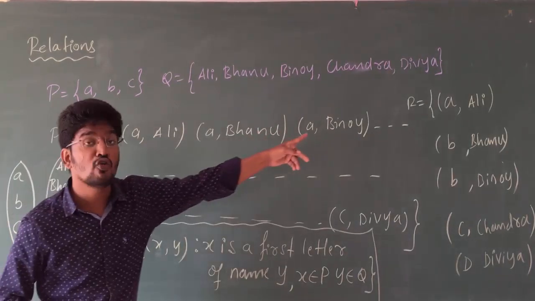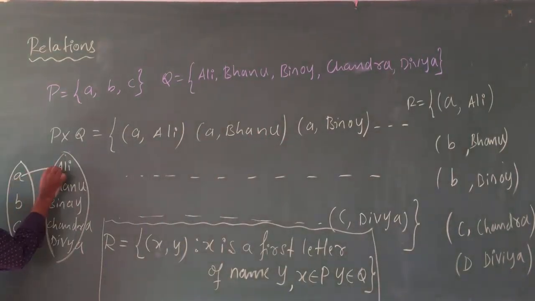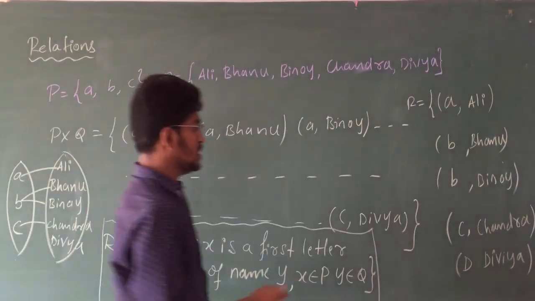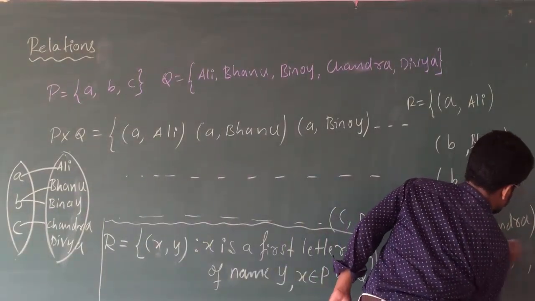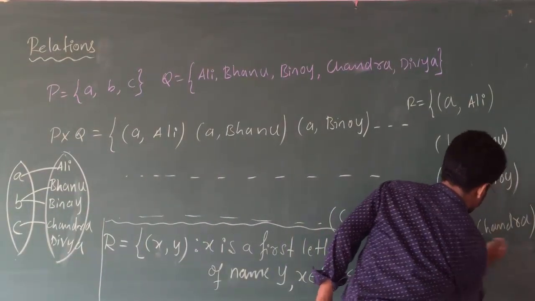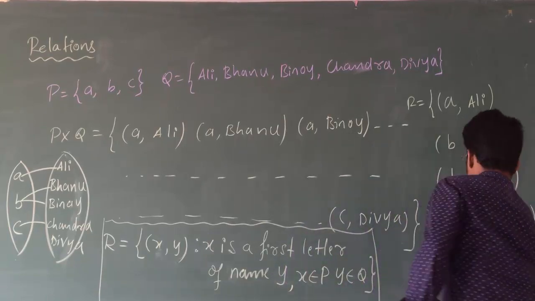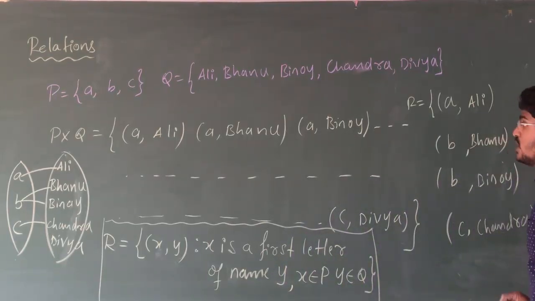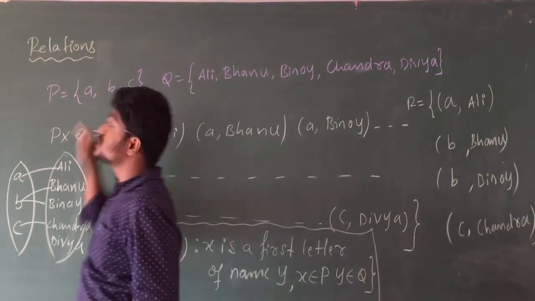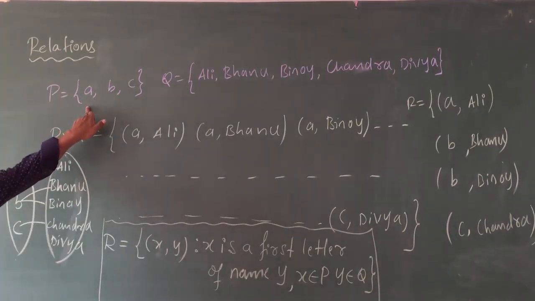A goes to Ali, B goes to Bhanu, as well as B goes to Binoy, C goes to Chandra, and sorry, D is not possible. Why? Because D is not an element of P.